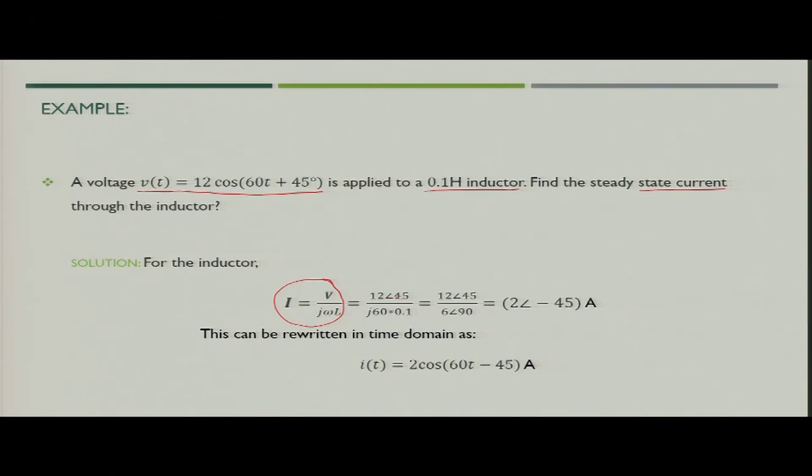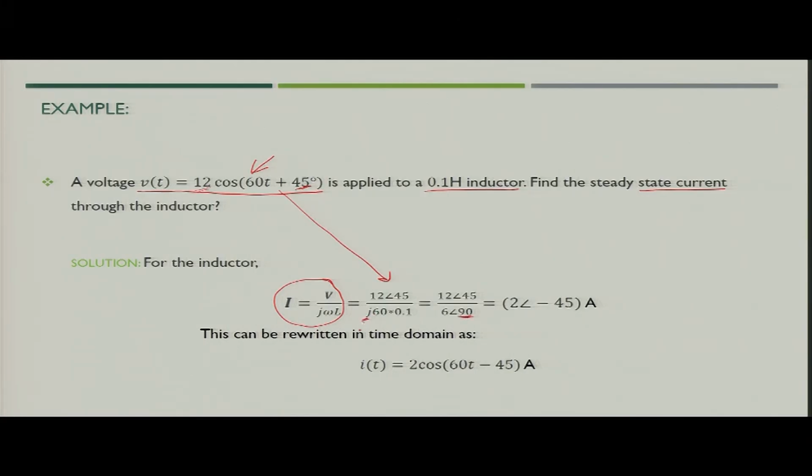Now, the voltage phasor you can take from here. That is nothing but 12 angle 45 degree divided by j omega L. Omega is 60, which you can see from here, multiplied by the value of inductor, that is 0.1 Henry. So the lower term would be 6 angle 90 degree. Why has 90 degree come?